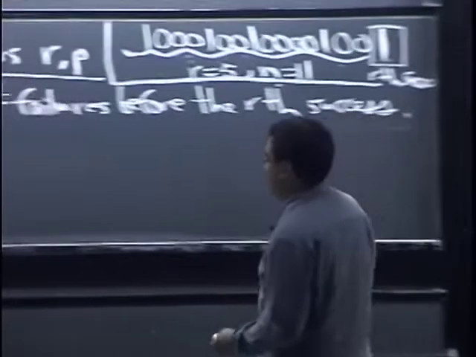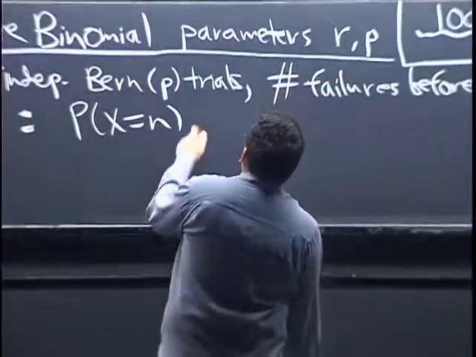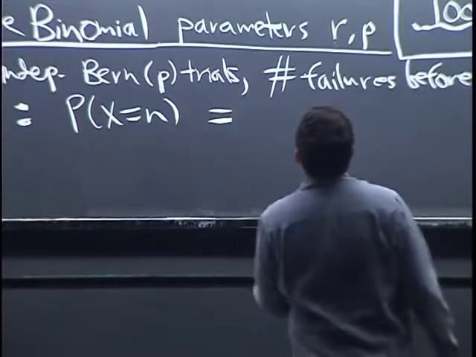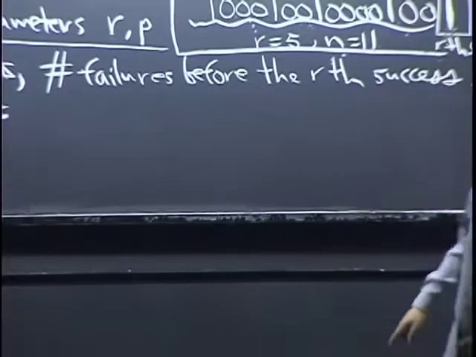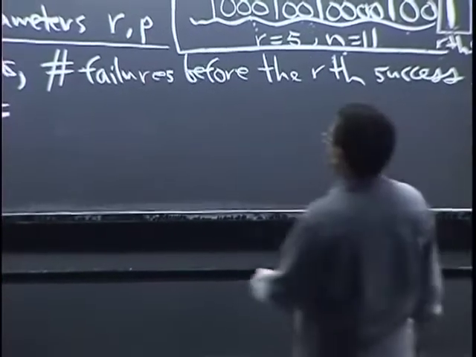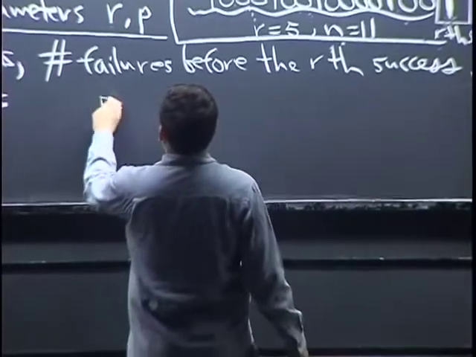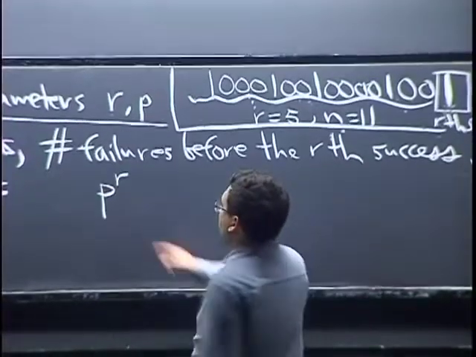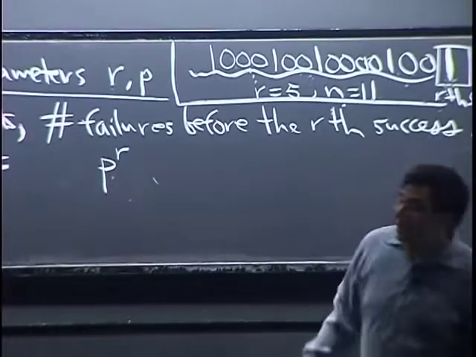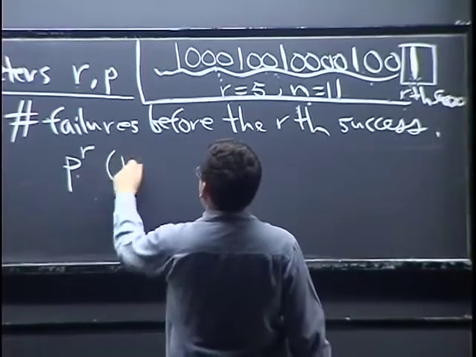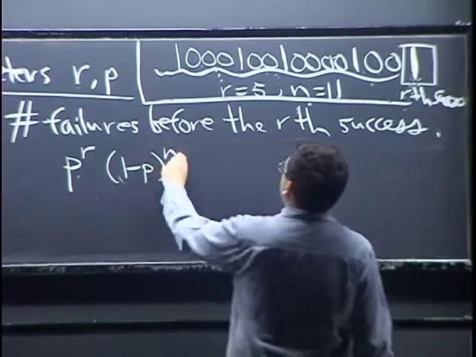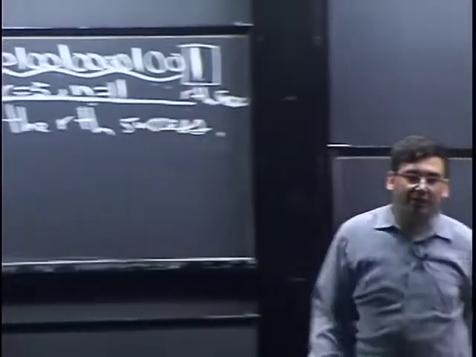Okay, now we can immediately write down the PMF. The PMF is going to be, first of all, the probability of this particular sequence. This particular sequence had R successes, and each success has probability P, and there are n failures, so it's (1 minus p) to the n. That's the probability of this particular sequence that I wrote down.